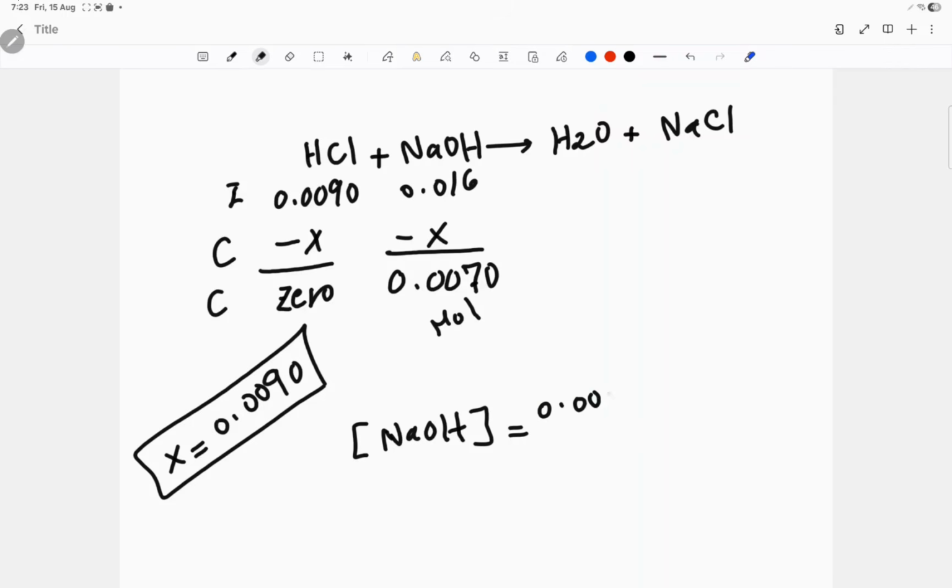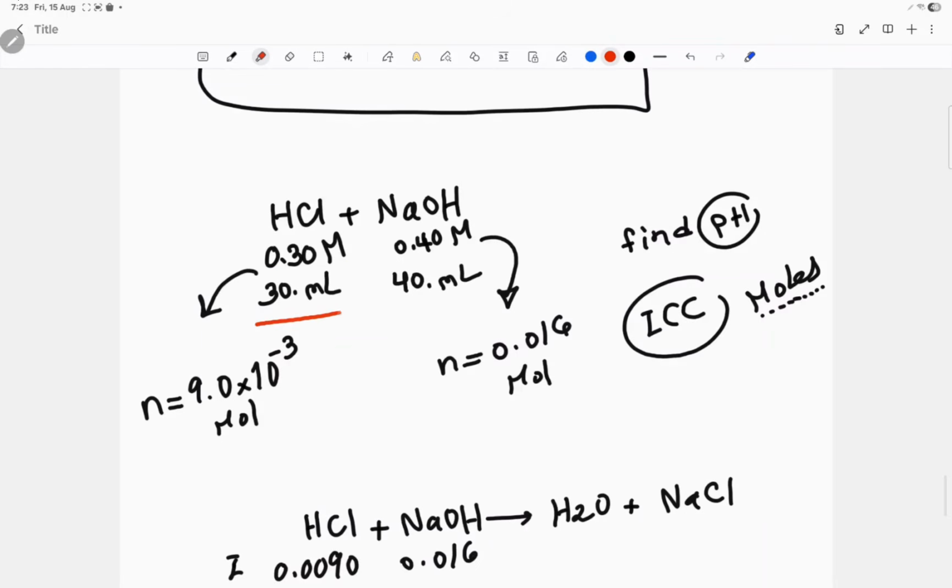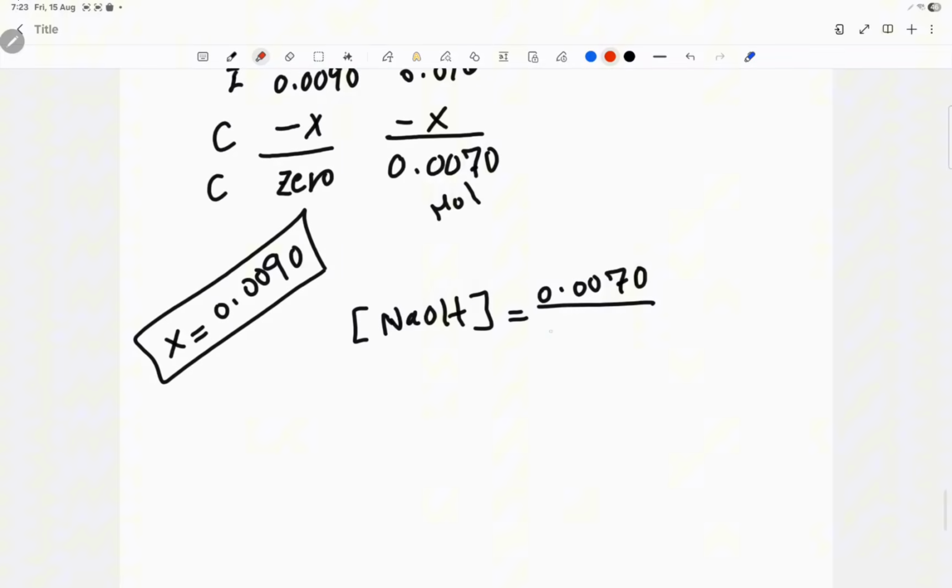Mole over the volume. But what volume? HCl, NaOH, or both? Both, because now you put them in one place. So add the volumes up. Just 70, but make it liters. 0.070.